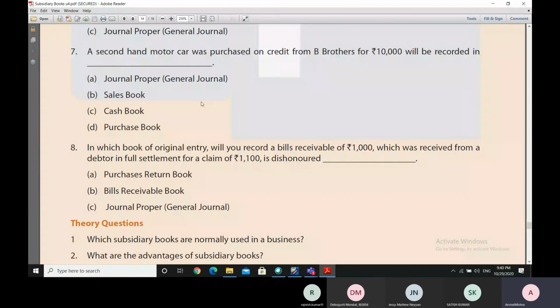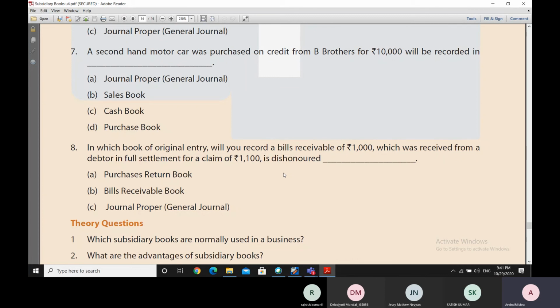And as the last question, which is that book of original entry where we can record the bills receivable of 1,000, which was received from a debtor in full settlement for a claim of 1,100, and is dishonored. So here what is happening is that a bill which was receivable is dishonored, and we have to write this in a book of original entry.